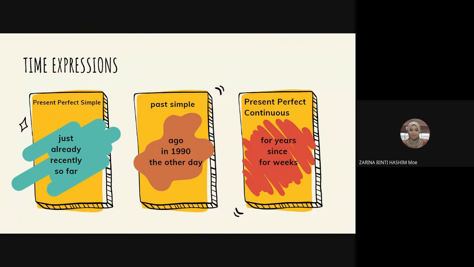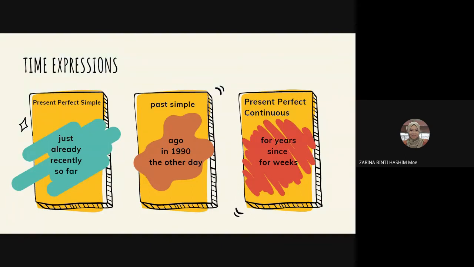But remember, you see number 2A, for 15 years. For 15 years, the word "for". When you have the word "for", that means it still continues now, for 15 years. That's different. But B, 5 years ago, there is the word "ago".